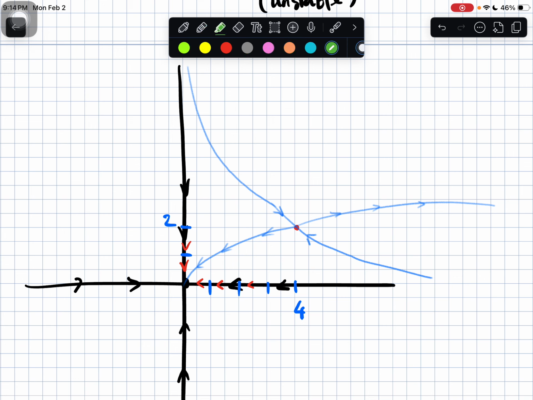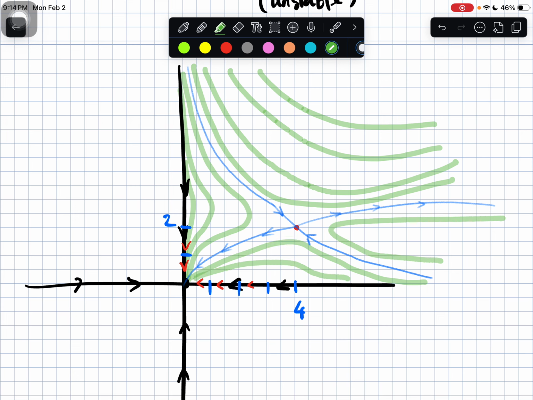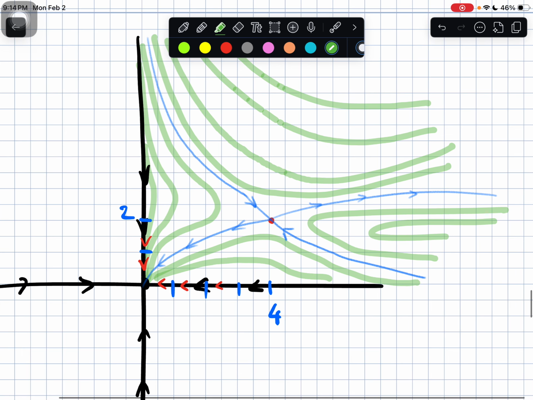We would expect something like this. Here we just vibe check it without computing explicitly, and we see something like this.